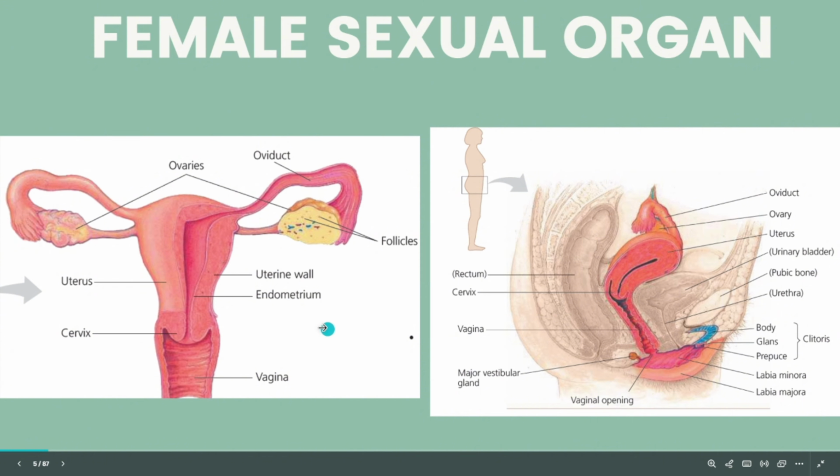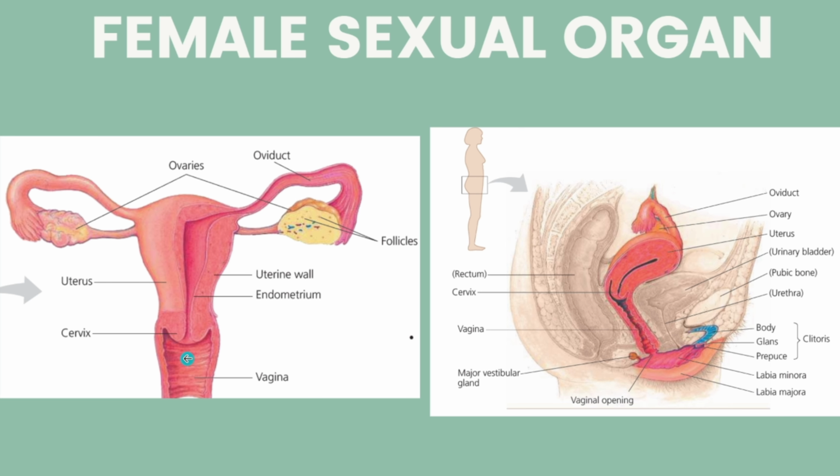Once the sperm is released from the penis after ejaculation, it will enter the vagina, of course. Then your sperm will swim through the uterus, and it will swim through the oviduct. And here is the fertilization process.